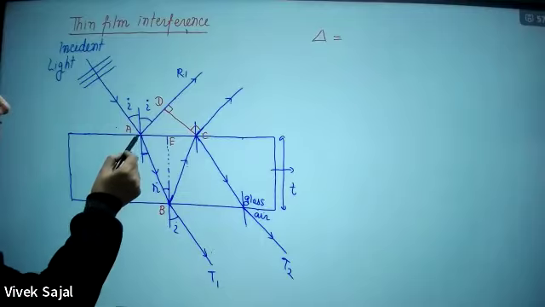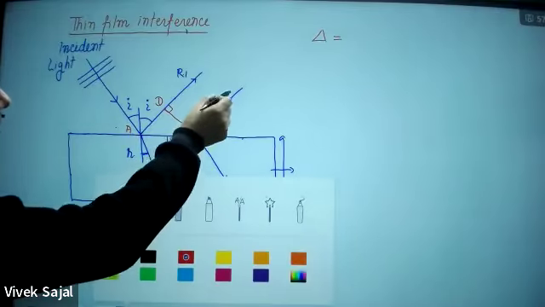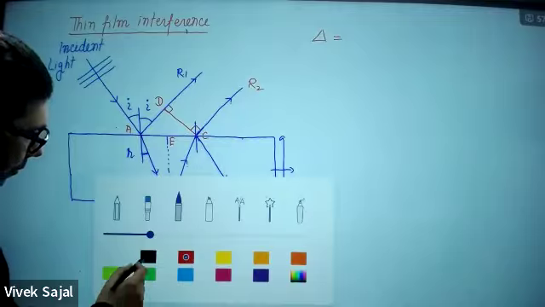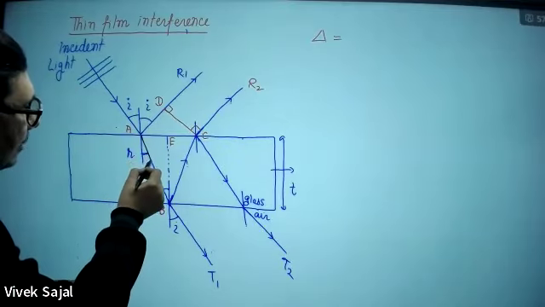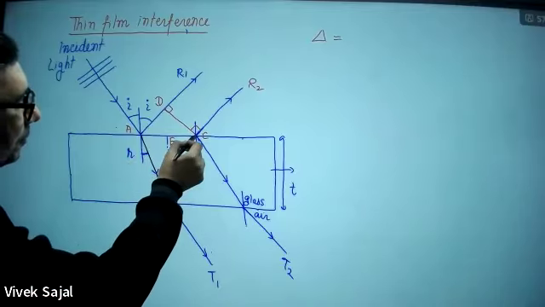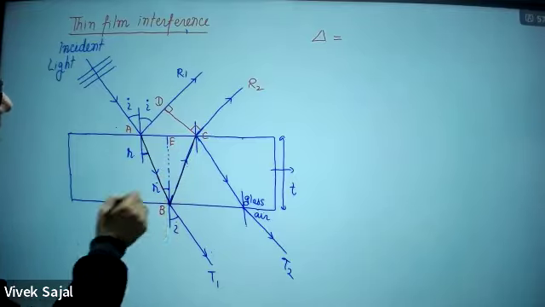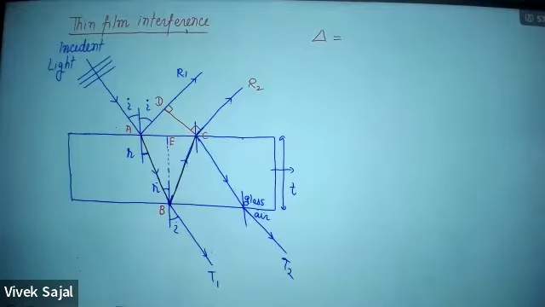So first look here. How much distance is traveled by this R2? This is R2 here. So from here it is moving. This black line is showing the extra path that is traveled by R2. So how much will it be?